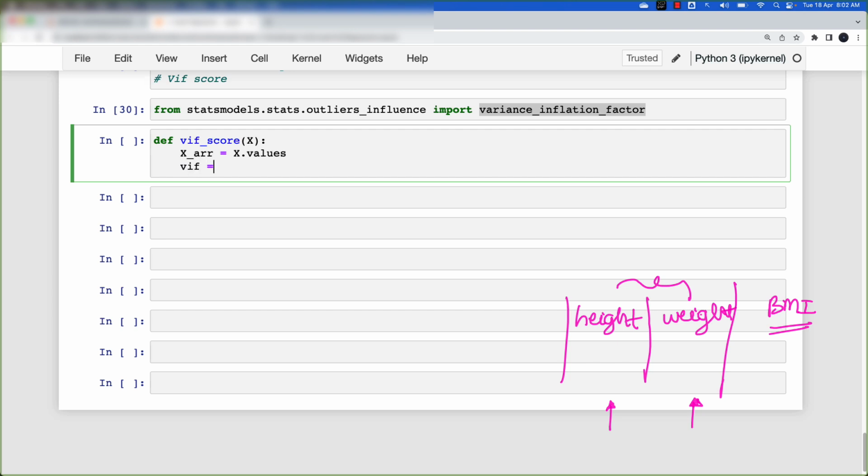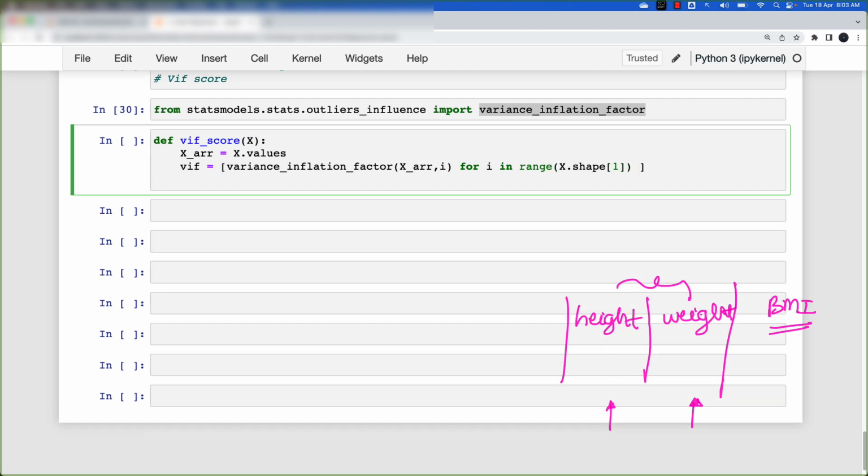Next, I'll calculate the VIF score with variance_inflation_factor. For this function, I'm going to specify X and Y, where X is my array that we got earlier, X array, and for i in range X.shape[1], the number of columns in my data set.